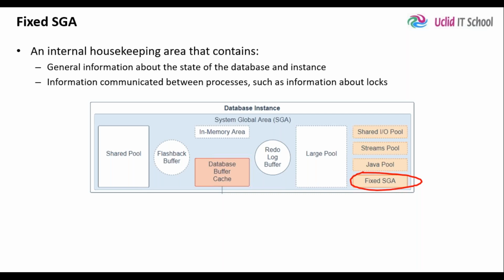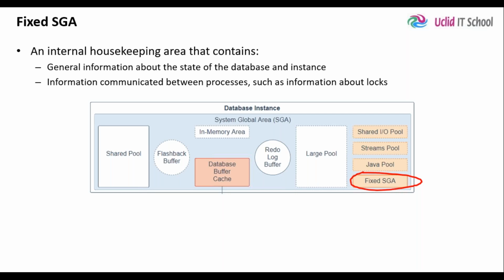Row format is good for transactional systems, but in analytical systems, column format is optimal. So in-memory area is used to store data in column format and to speed up your analysis and queries.